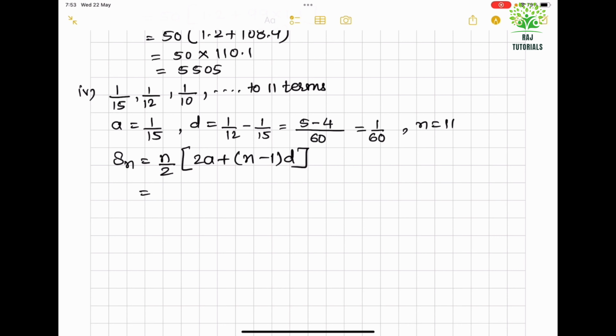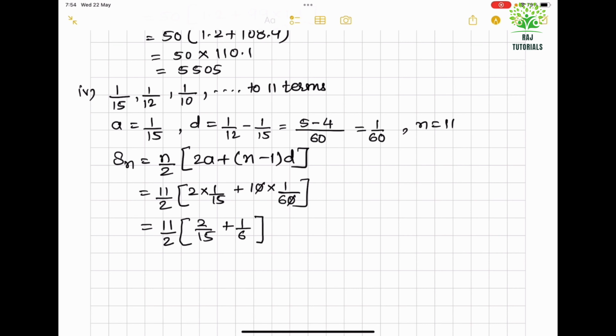So putting the values, 11 by 2 into 2 into 1 by 15 plus 11 minus 1, so 10 into 1 by 60. So this became 11 upon 2 into 2 upon 15 plus 1 upon 6.